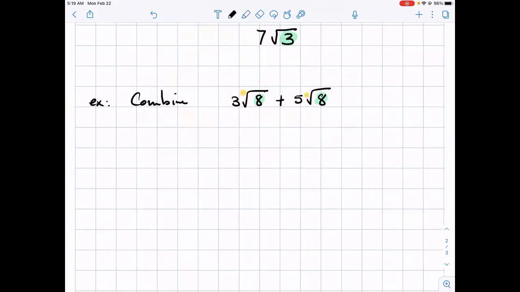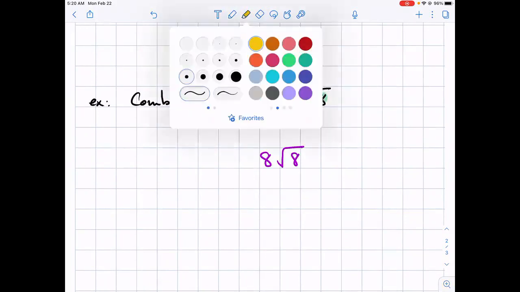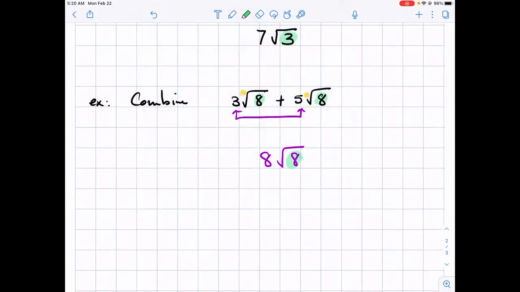They're both square roots. So we can just go ahead and add the coefficients. So 5 plus 3 becomes 8 radical 8. But pay attention now. Radical 8 can be simplified. So you want to make sure you pay attention.